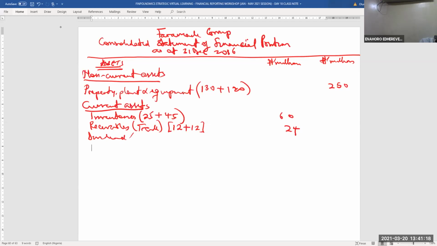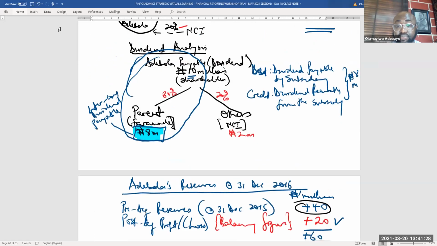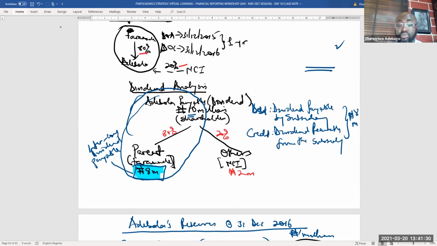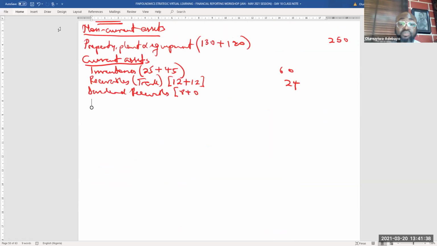But recall, we said we should eliminate this dividend receivable by the sum of 8 million, because it's intercompany balance. Therefore, I come here, I'll say minus 8. That gives 0.